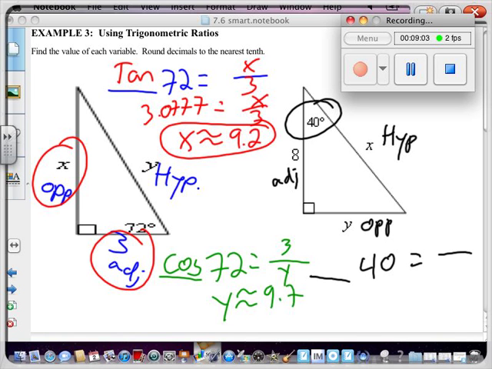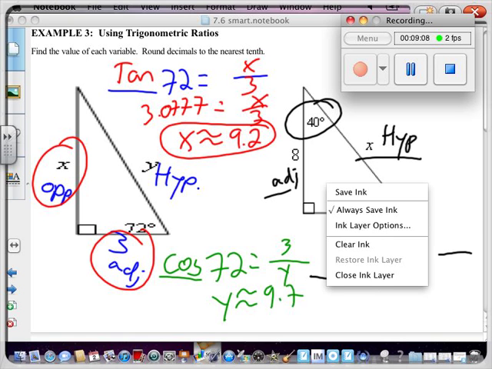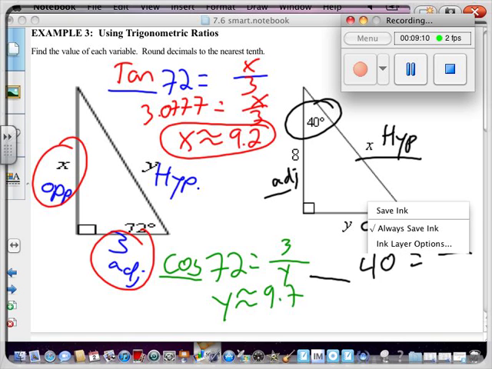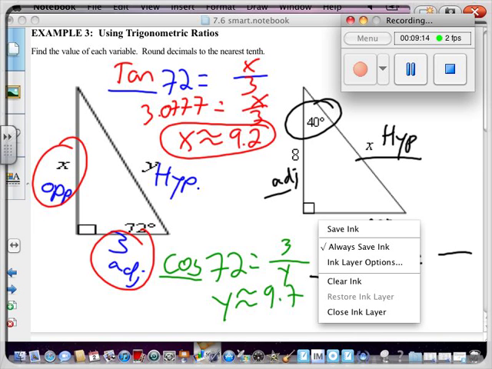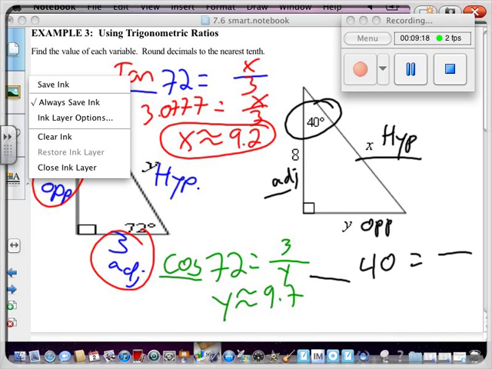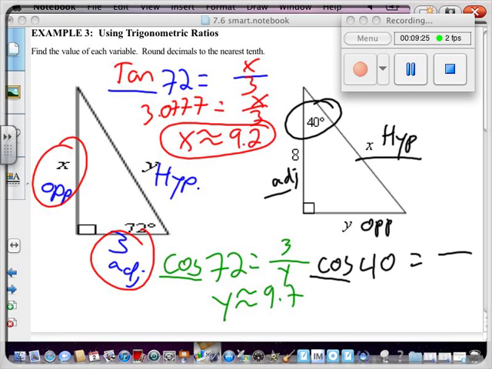So if we want to find x, we're dealing with hypotenuse and adjacent. So we're going to do what, Chris? Cosine. And can somebody raise their hand and want to set up the fraction for me?